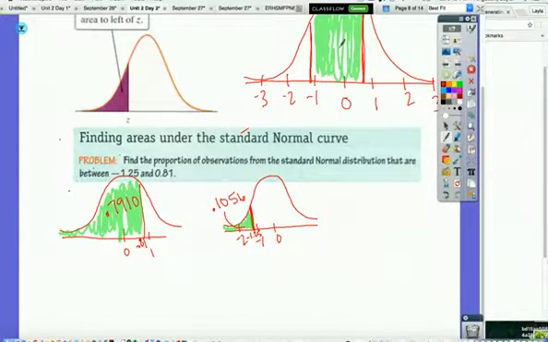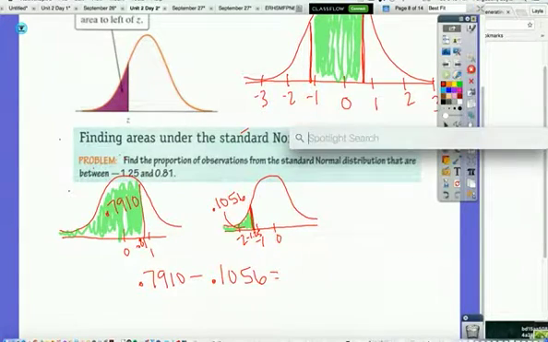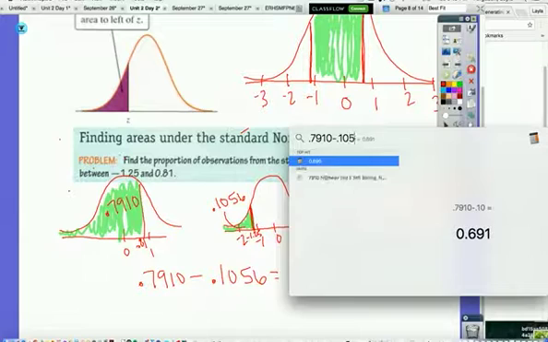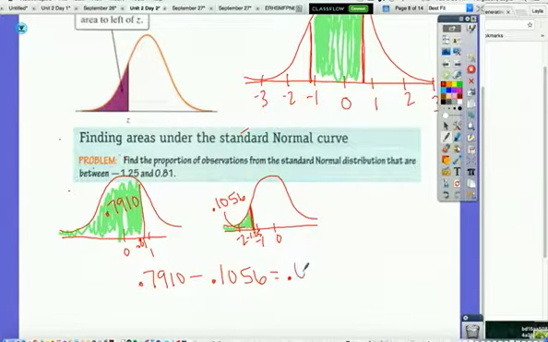So what I can do is I can take this 0.7910 and subtract out 0.1056, and that would give me everything that was included in this region up here that we discussed. So I would say 0.7910 minus 0.1056, and that gives me 0.6854, which would be my answer.